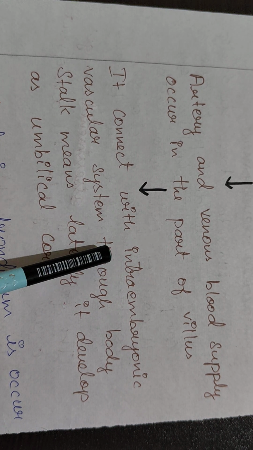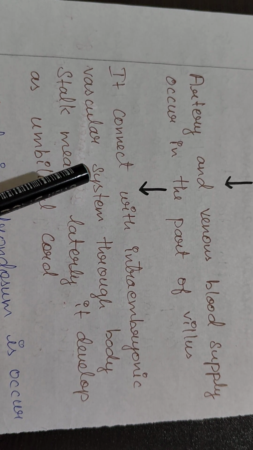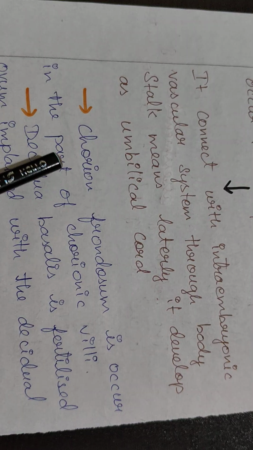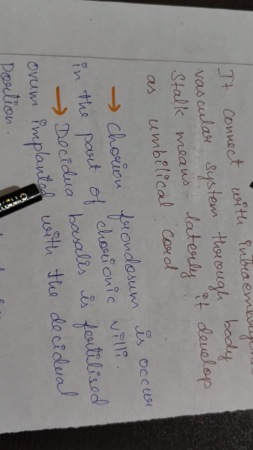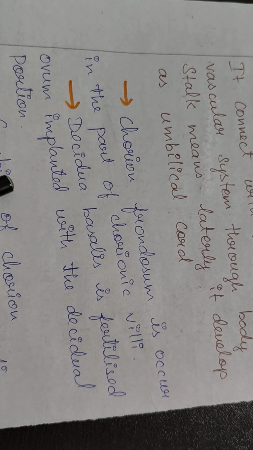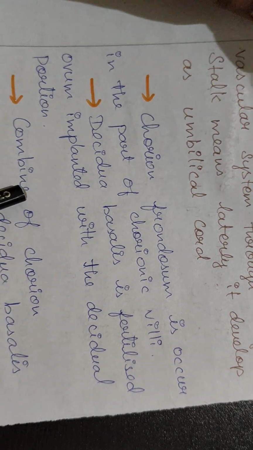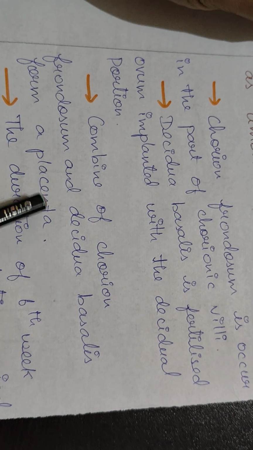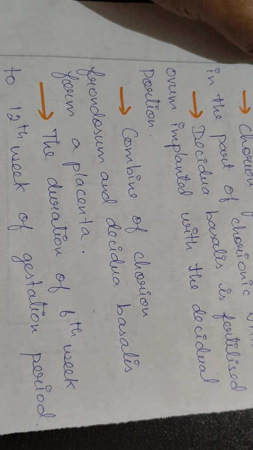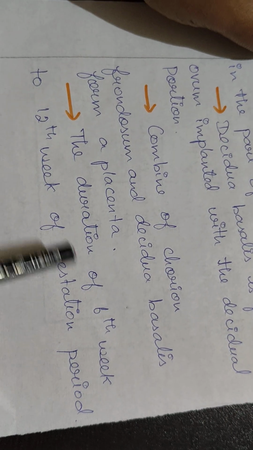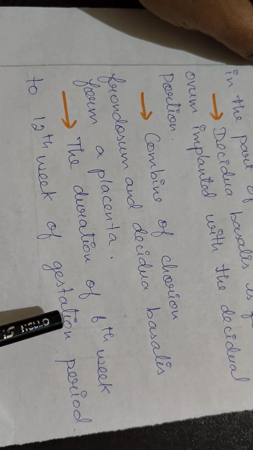Chorion frondosum is the part of the chorionic villi, and decidua basalis is where the fertilized ovum is implanted. The combination of chorion frondosum and decidua basalis forms the placenta. From the 6th to the 12th week of gestation, it takes time to form the placenta.